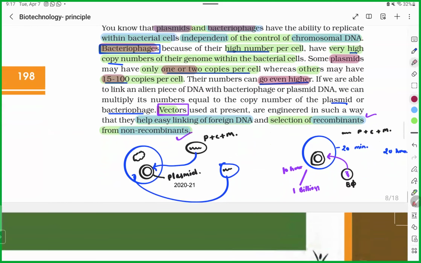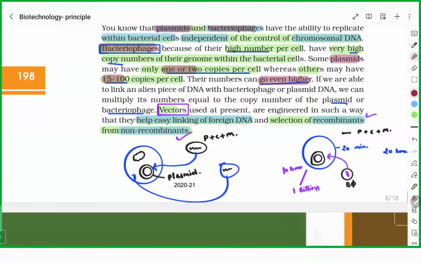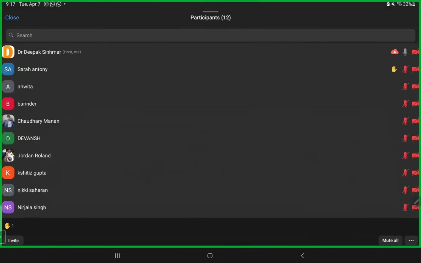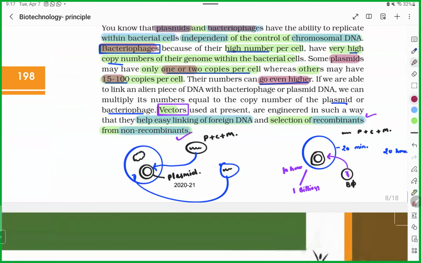If we link our DNA with either bacteriophage or plasmid, what will happen? These two will multiply in the bacterial cell, and our DNA will also multiply in the bacterial cell.